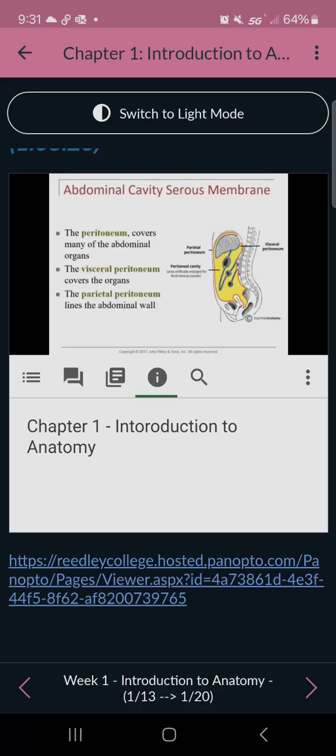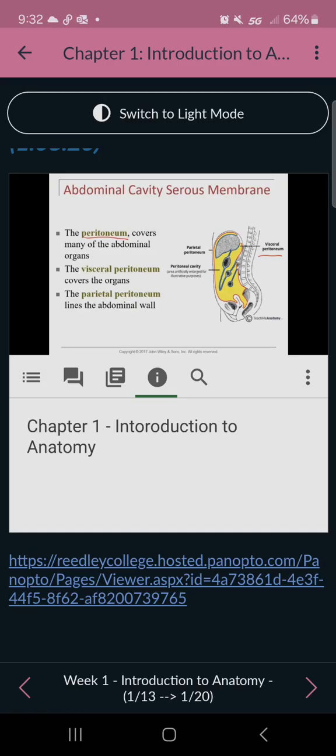Abdominal cavity serous membrane. So the peritoneum is the serous membrane, but it's for the abdominal cavity. So we have the visceral peritoneum, which is going to be the layer that covers the abdominal viscera, the inside lining.